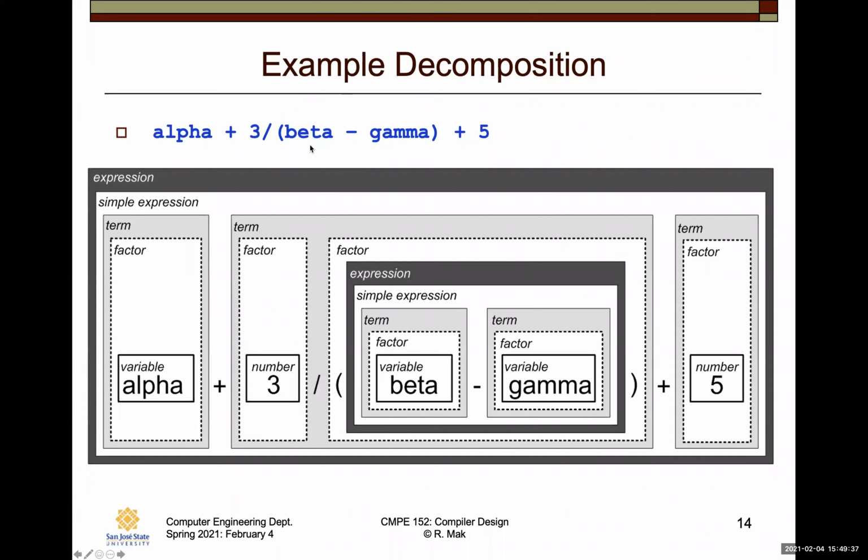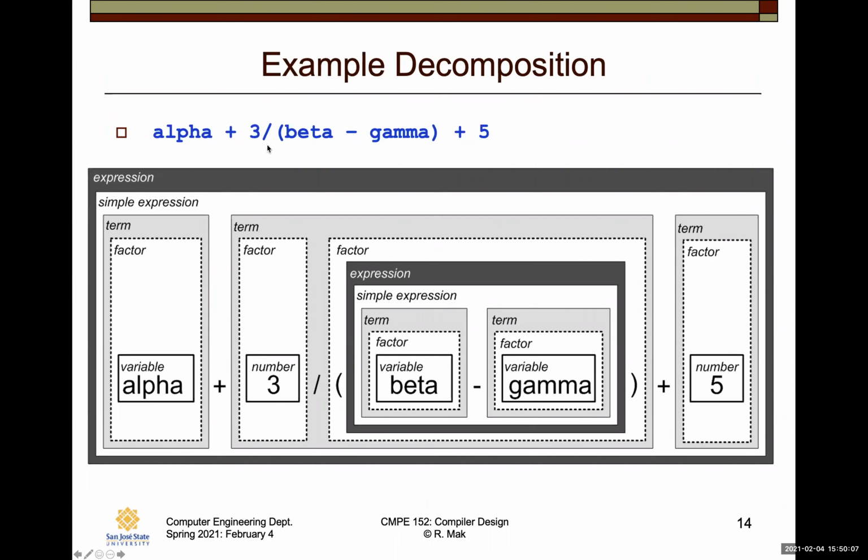The whole thing, of course, is an expression, so there is expression in this big black box on the outside. This expression turns out to be made up of only one simple expression. Remember, an expression can be a single simple expression or 2 simple expressions separated by a relational operator. There's no relational operator here, so it's only one simple expression. You see this white box out here.